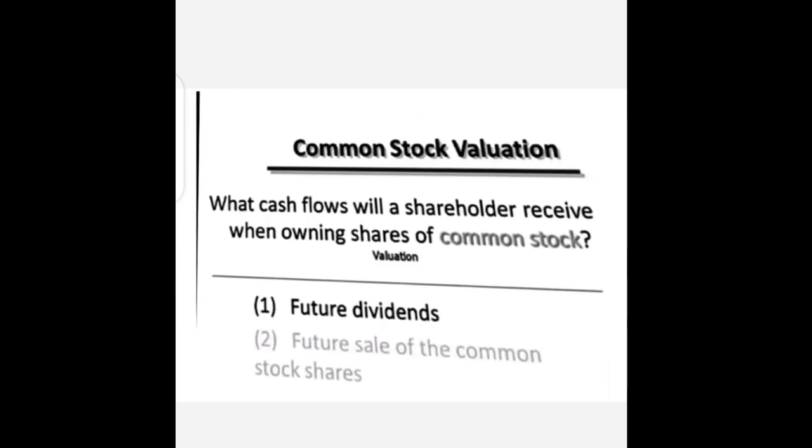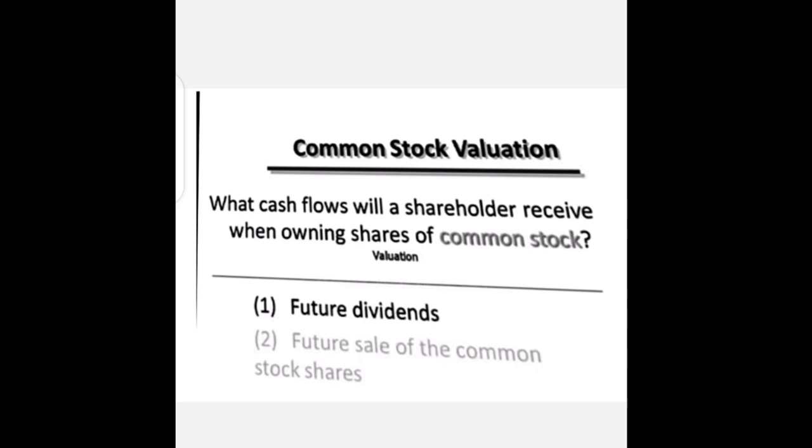Now we are moving forward to common stock valuation. Common stock valuation refers to what cash flows a shareholder will receive when owning shares of common stock. There will be future dividends and the future sale of the common stock. Certainly, when you hold the stock, you will get the dividends and the capital gains.